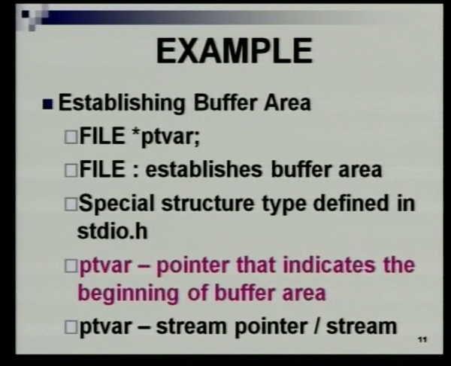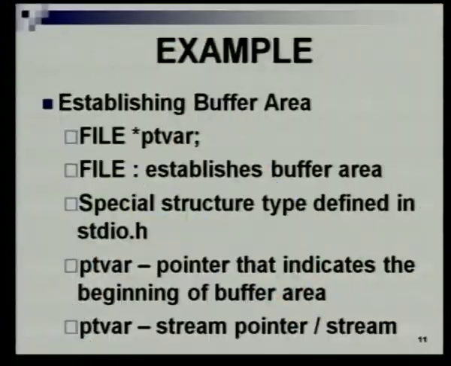A pointer is indicated by the indirection operator, the asterisk. The pointer indicates the beginning of the buffer area. Once the buffer area is established, we need to know where it is. In order to point to that location, we have this pointer variable, so that the program will know where it has to store the file contents. This ptvar is a stream pointer, which is defined in the stream classes in C.